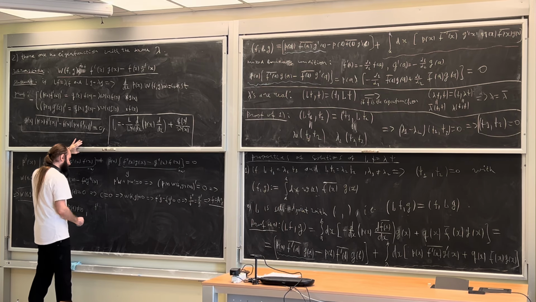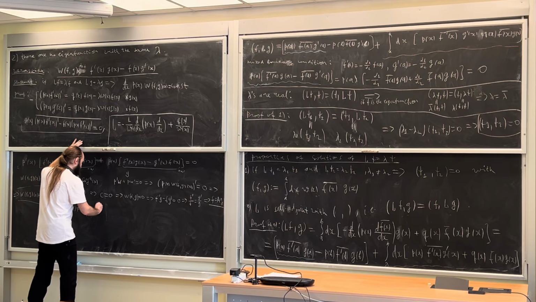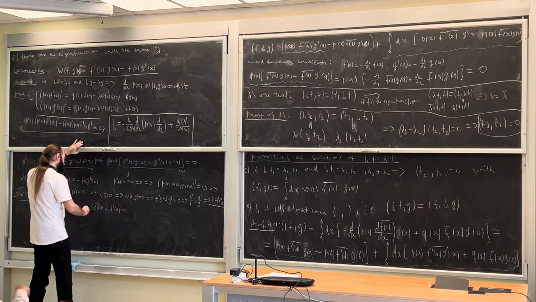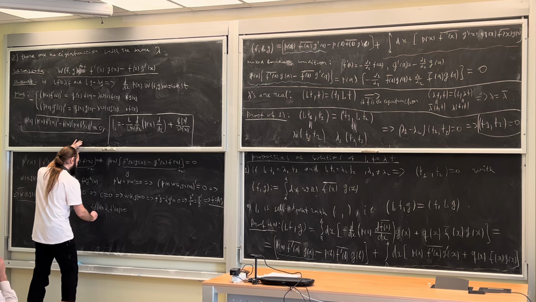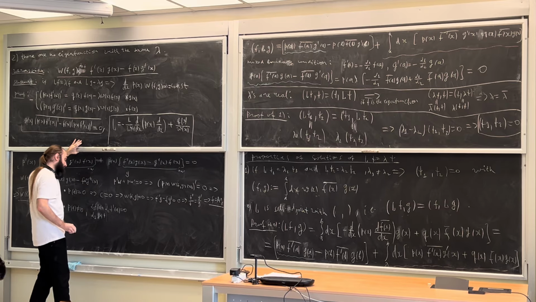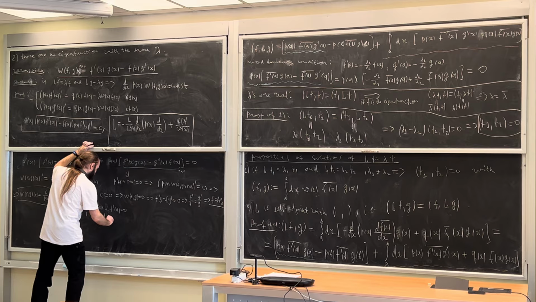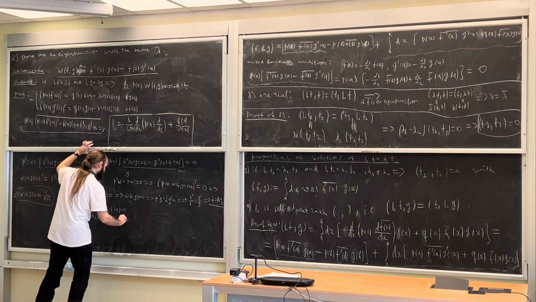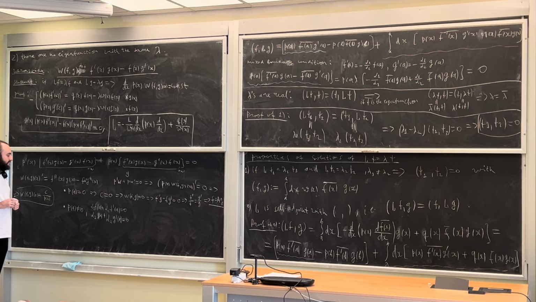So we know that alpha 1 f of a plus alpha 2 f prime of a is 0, and alpha 1 g of a plus alpha 2 g prime of a equals 0. So those are these two boundary conditions.